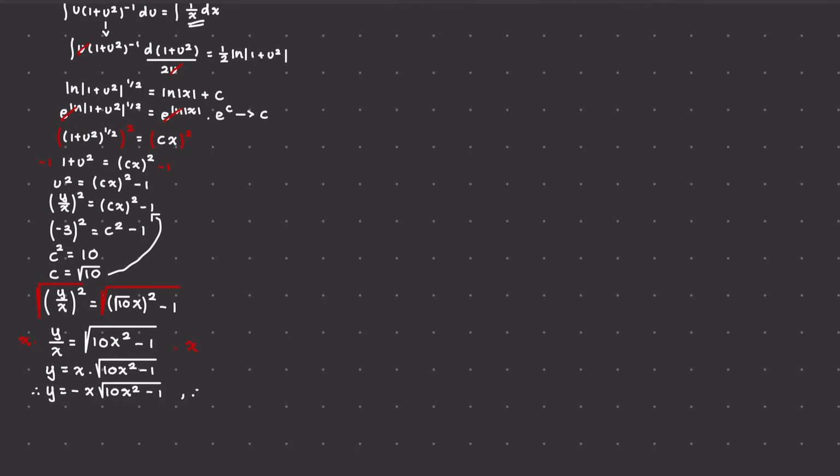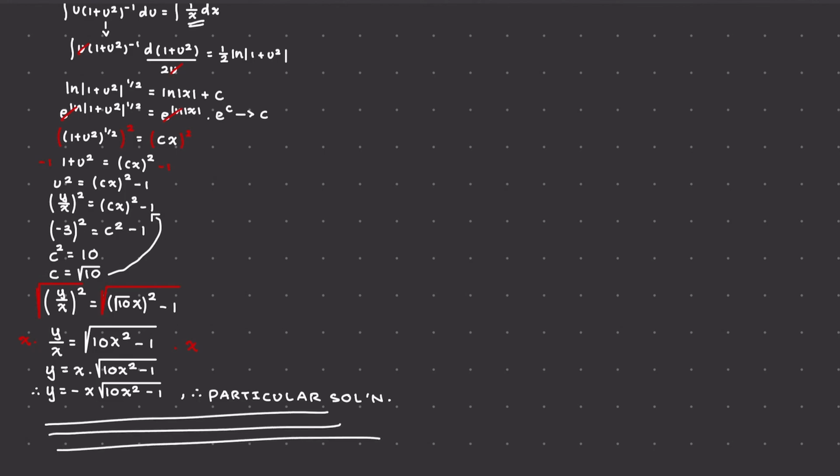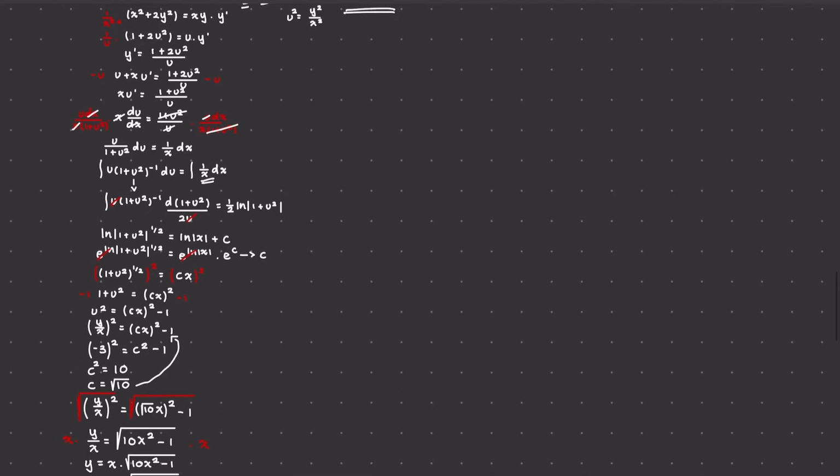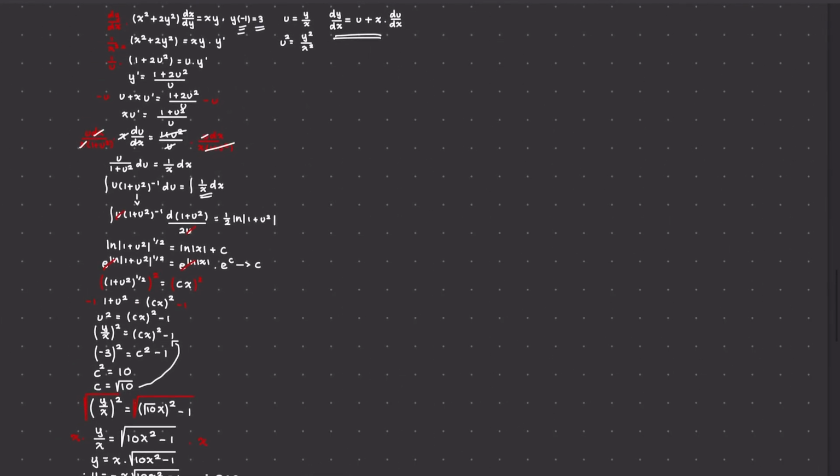And this is our final answer, that is in particular solution. And this is how you solve example number 3 of first order homogeneous differential equation by substitution.